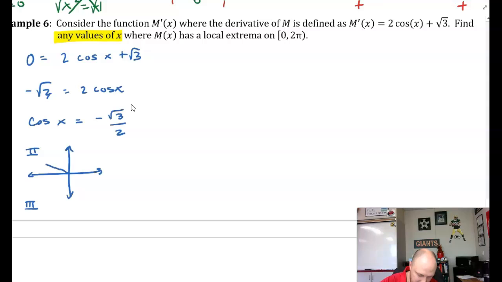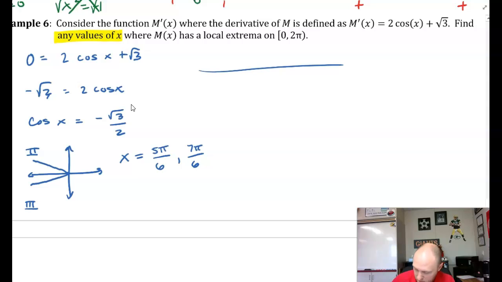So I'm pi over 6 back from pi, that occurs here, and pi over 6 forward from pi. So our critical values are going to be, out of 6, 5 pi over 6, that's in quadrant 2, and 7 pi over 6.